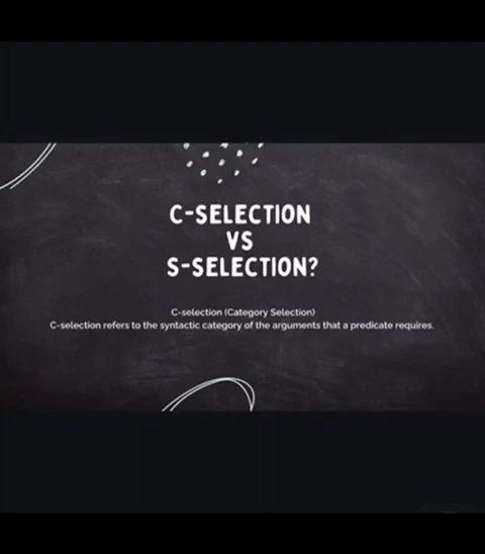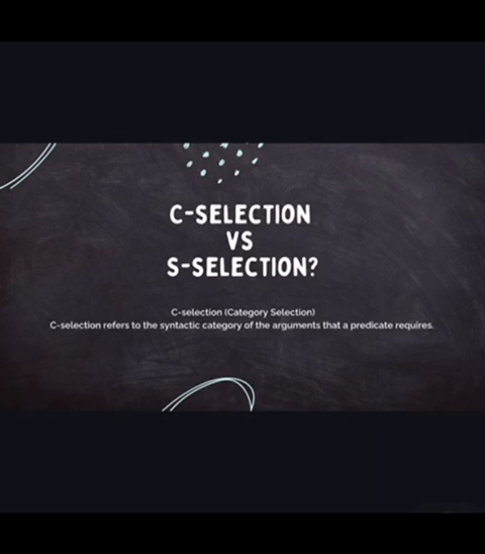Category selection dictates what syntactic forms, like a noun phrase and verb phrase, can serve as complements to a predicate. For example, a verb may select for a noun phrase as its object, meaning it must combine with a noun phrase to form a grammatical sentence.